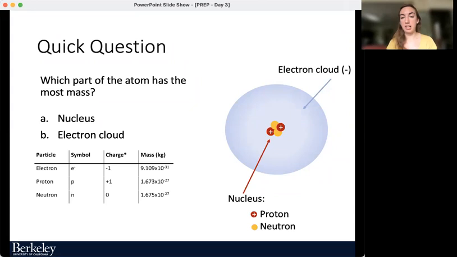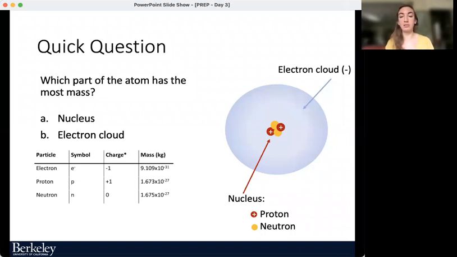Going back to that table that we showed a couple slides ago, the electron has a -1 charge and a really, really tiny mass. The proton and the neutron have a positive and a neutral charge and a much larger mass than the electron.